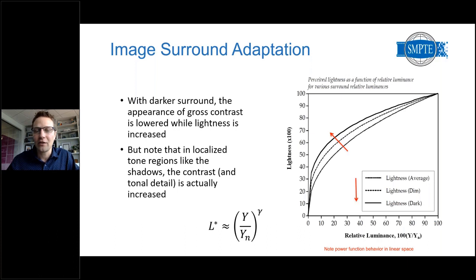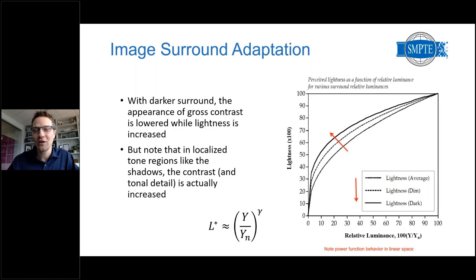The conclusion is that in a dark surround, you have a considerably lower exponent magnitude. You have a deeper parabolic bow. That's the top of the three curves, right? And if you were looking at content with an average surround or a lighter field around it, you're going to have the higher exponent in this power law behavior, and that's the bottom of the three curves.